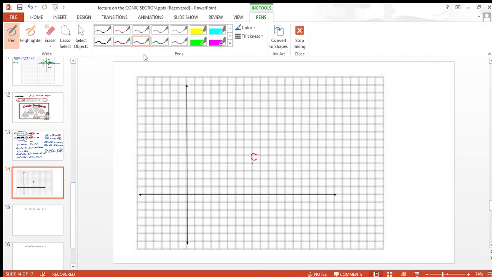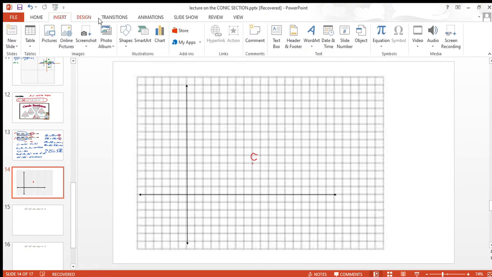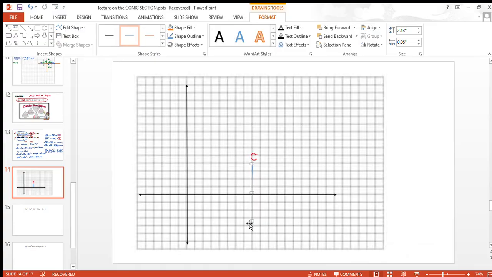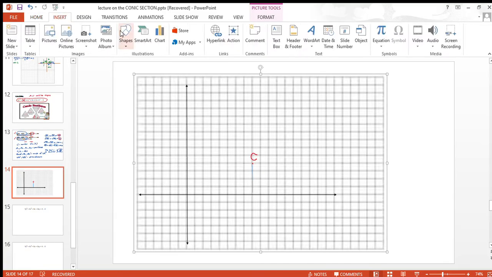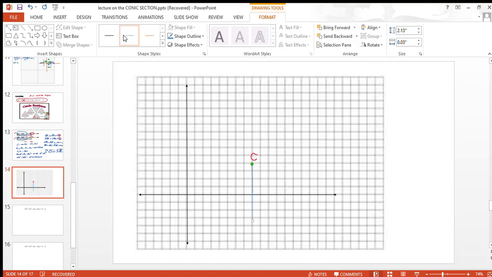HK. Therefore, let's just complete the label. This is our center. So that's H, and then our K will be here.